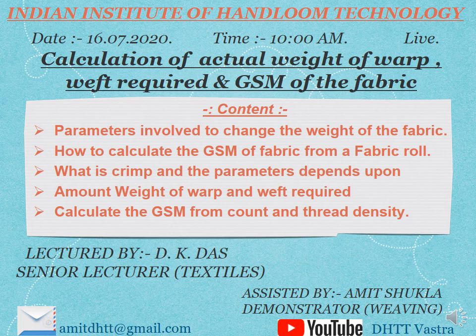The main contents are: the parameters involved to change the weight of the fabric, how to calculate GSM of the fabric from the fabric roll, which is mostly used in industries, and the parameters that depend upon the actual weight of warp and weft required, and calculating the GSM from count and thread density.